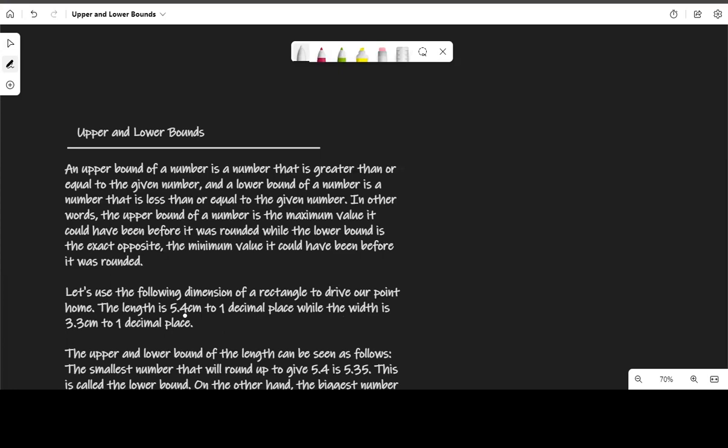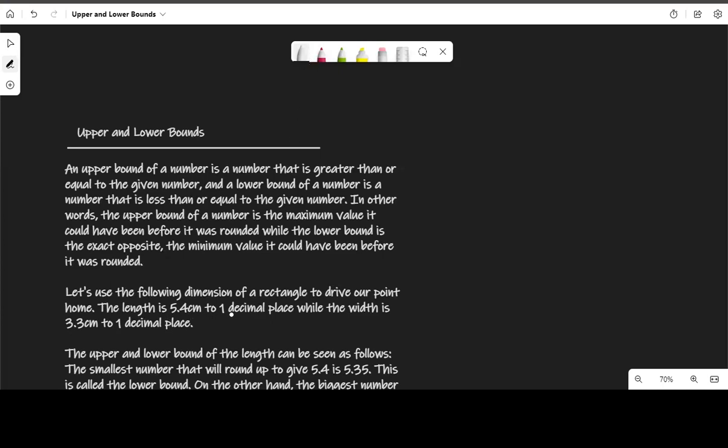This number 5.4 centimeter was a certain number before it was rounded to 5.4, and this 3.3 was a certain number before it was rounded to 3.3. So the least of that number is what we call the lower bound, while the highest of it is what we call the upper bound.